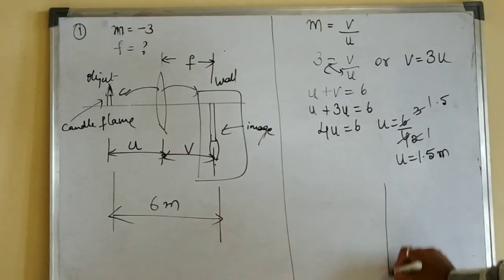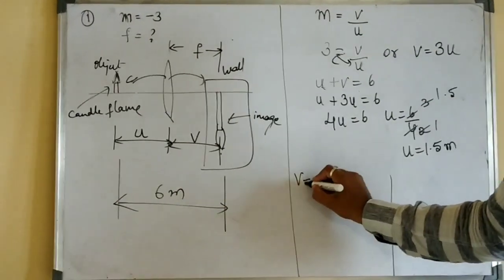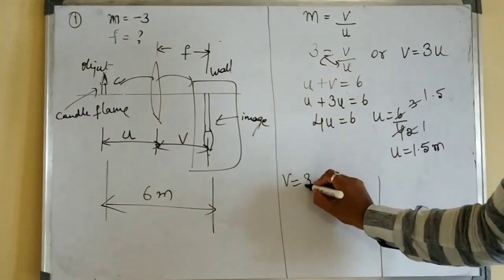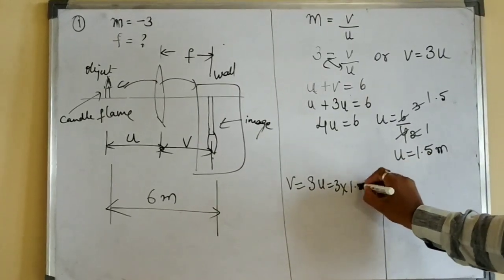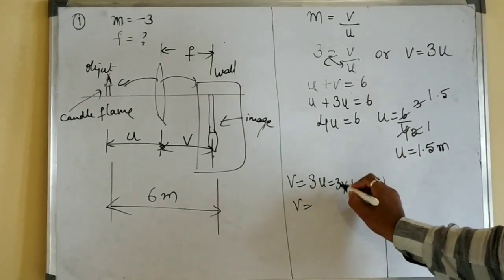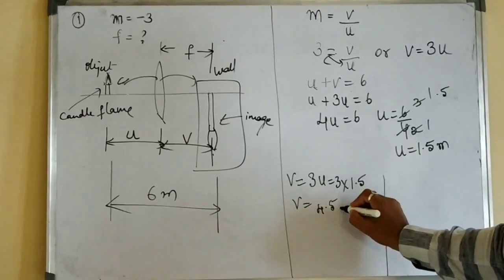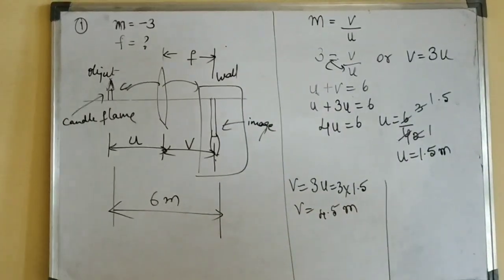Then you can also find out v now. v is equal to 3u, which is 3 into 1.5. v is equal to 4.5 meters.